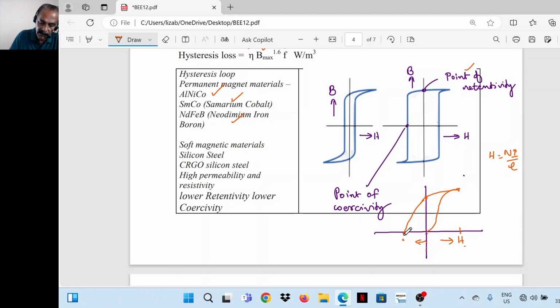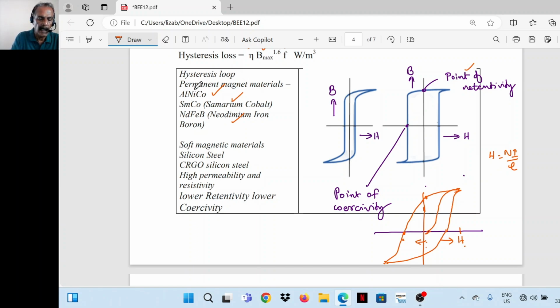If we increase H further, we reach saturation in the negative direction. Then H starts decreasing, and it reaches the point of retentivity again in the opposite direction. Again H is increased in the positive direction and it comes back to this point. This is called a hysteresis loop.